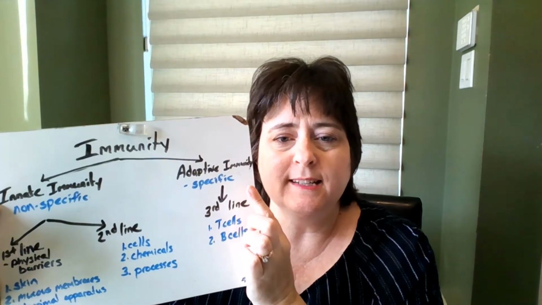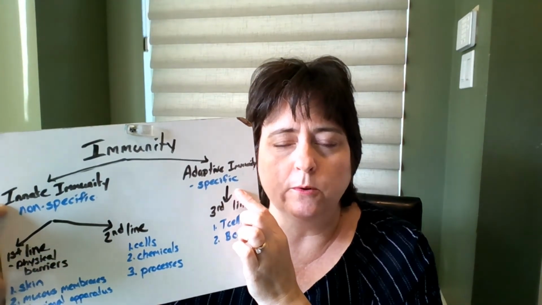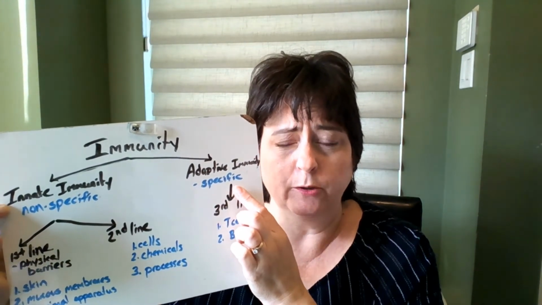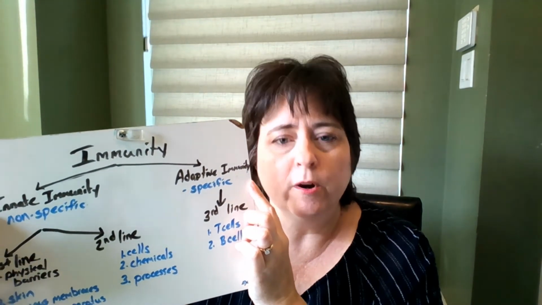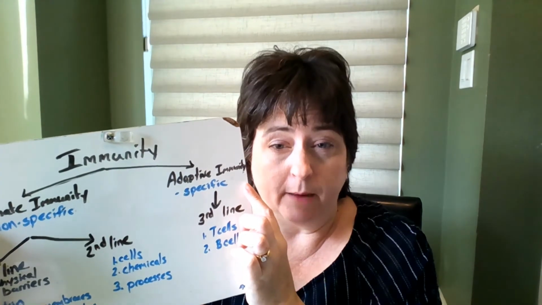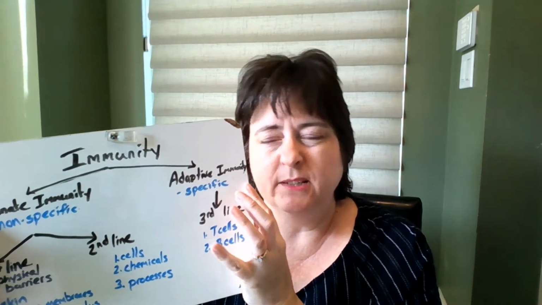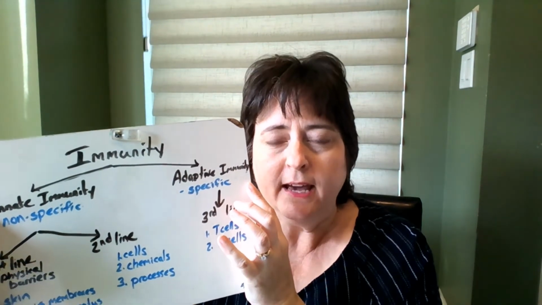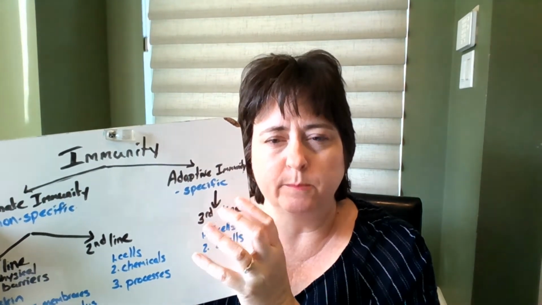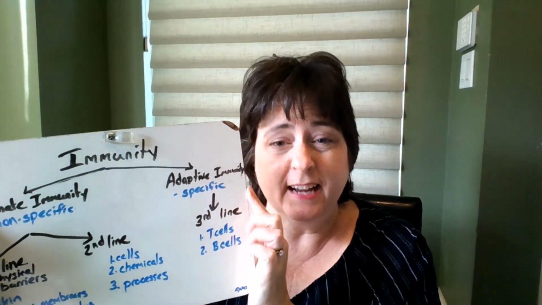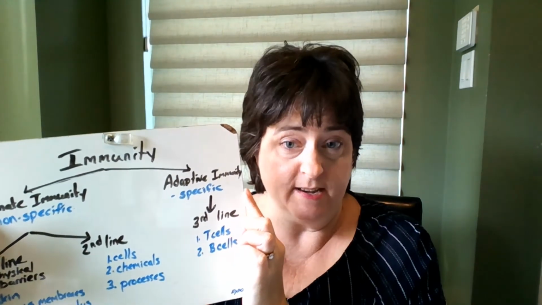Versus specific, and this is where other textbooks may say you have to acquire it. Now, we are born with the ability to form an adaptive immune response, so that's why I don't like that acquired thing. We're born with some cells that will respond in this way, but they have to be trained to defend.